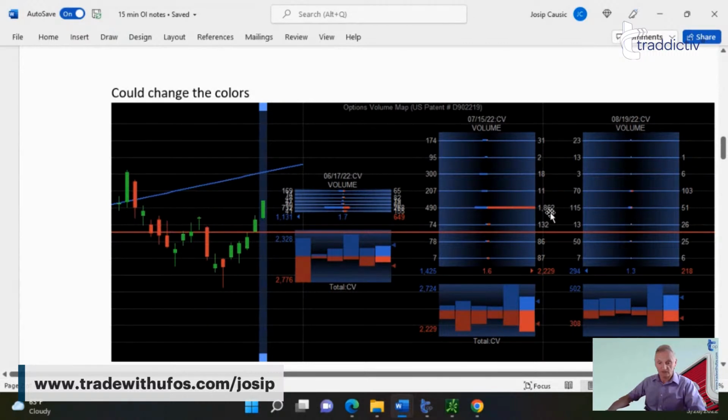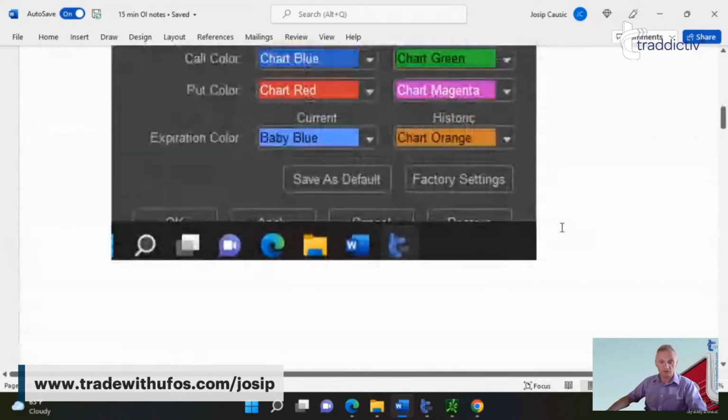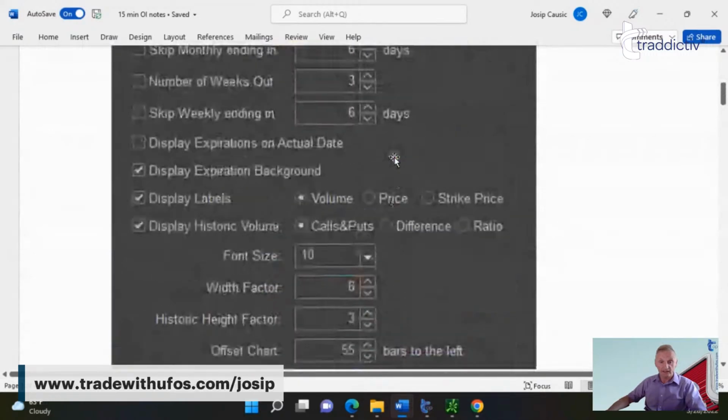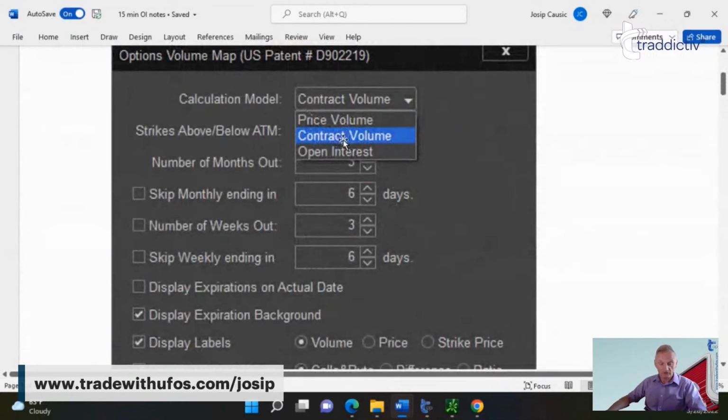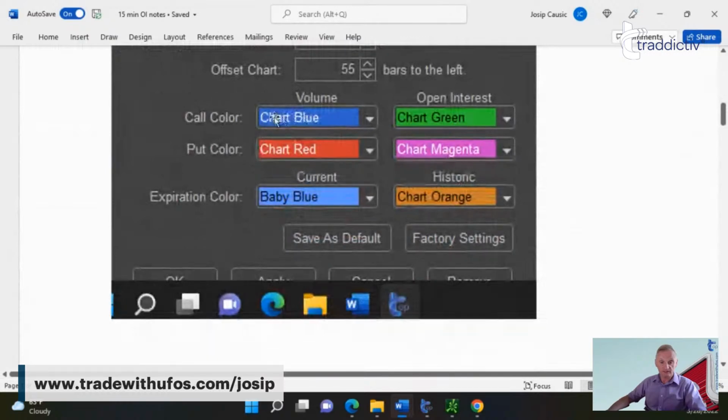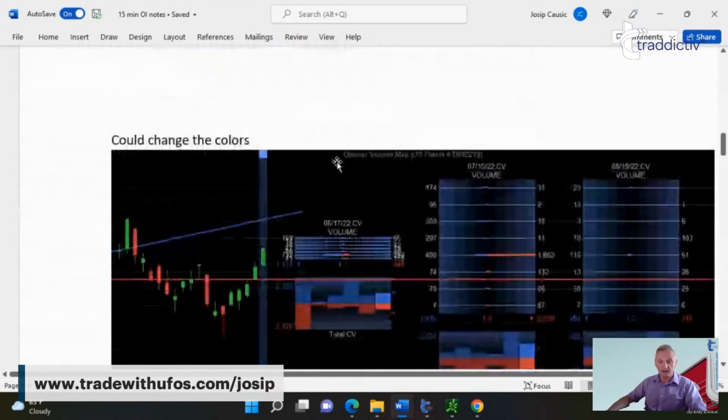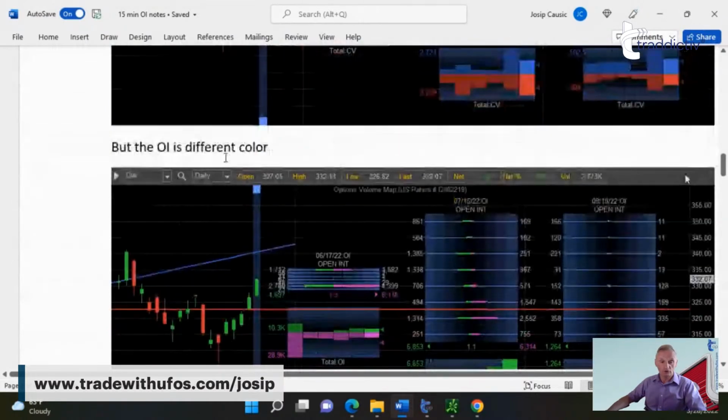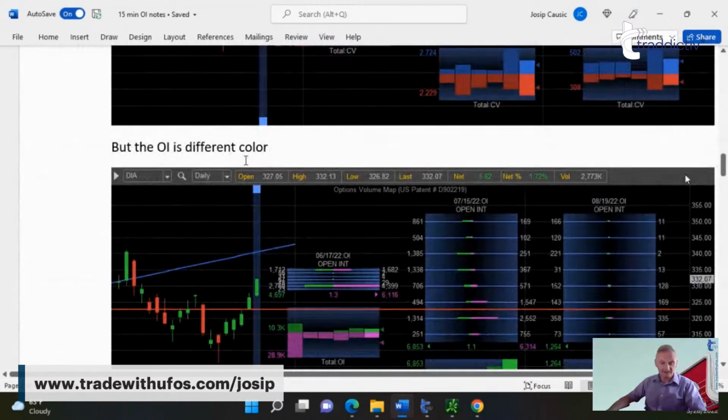We'll come back to that and elaborate in a moment, because the market has gone up and everybody's thinking all is clear, but that's not the case, and I'll make my reasoning visible to you in a moment. But I want to point out that when you select the contract volume, the default setting is to show blue for a call and red for a put. Now, when you go to the open interest, it's a different color.